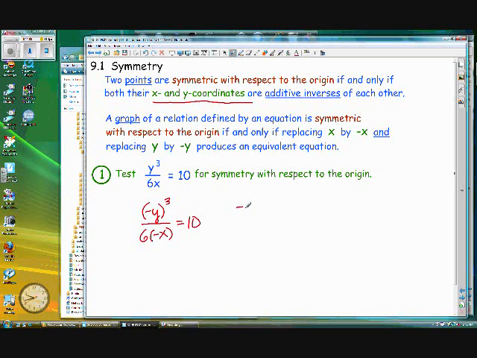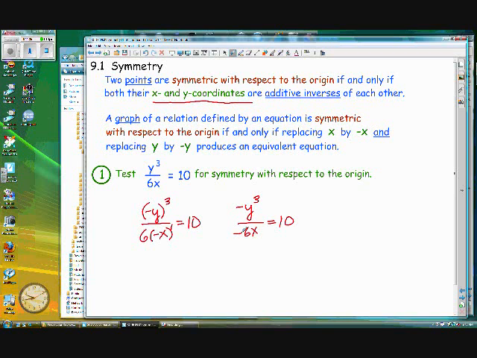I would end up with negative y cubed, because remember, if this is odd, I retain the negative. And this one is odd too, isn't it? We haven't written it in, but we know it's a 1. So I end up with negative 6x, all equal to 10. Well, at first glance, it looks like this is not equivalent. However, I better take a second look.